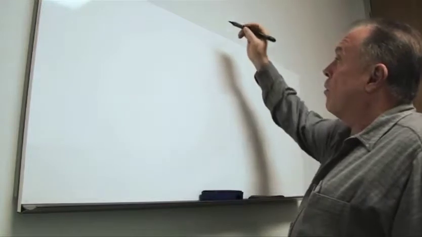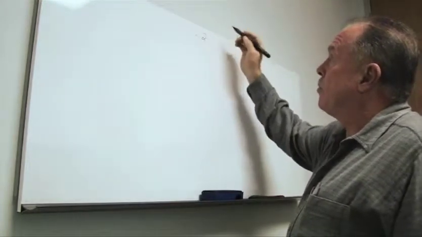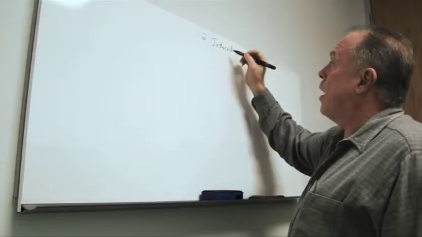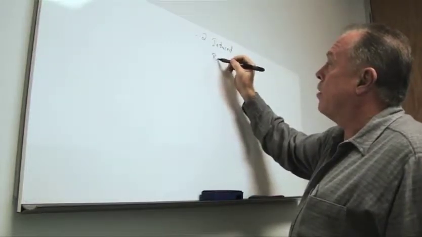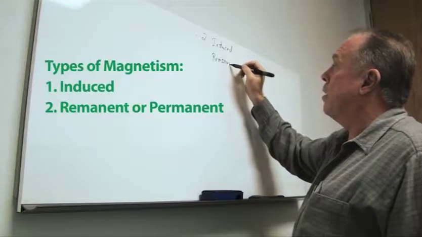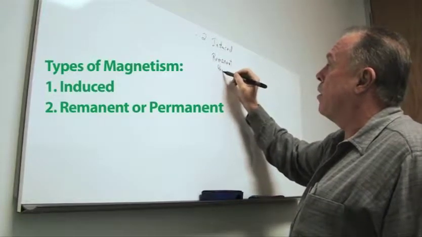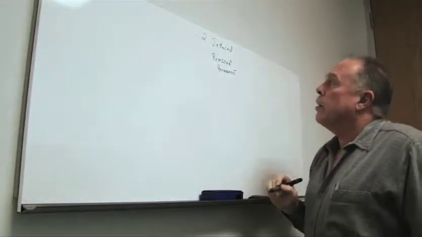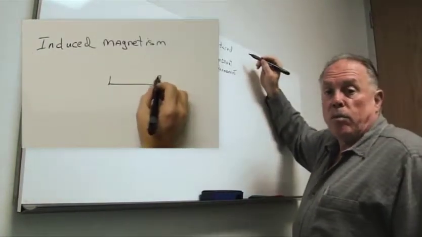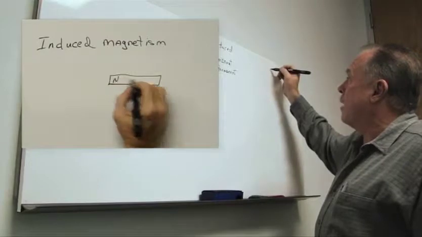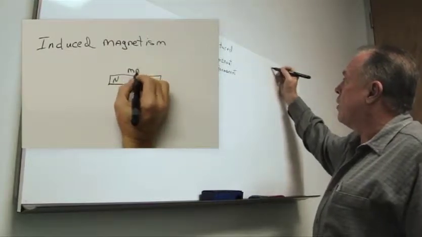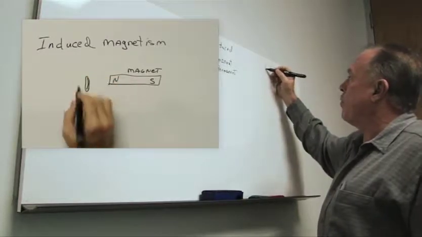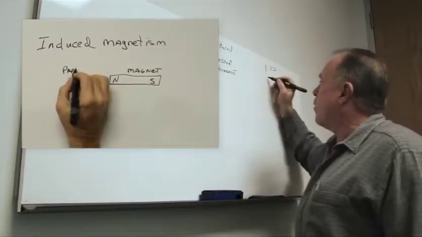So there are two types of magnetism. One is called induced and the other is called remnant or permanent. The induced magnetics means that we have a magnet. This is something we've all done in grade school. We have a paper clip and we have a pin.